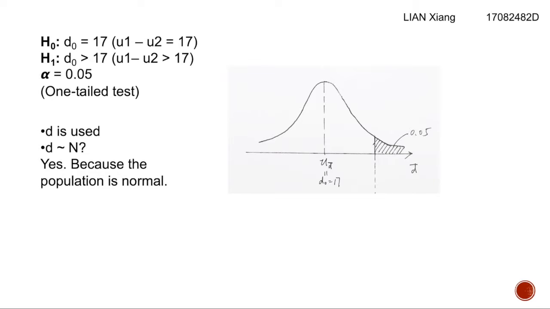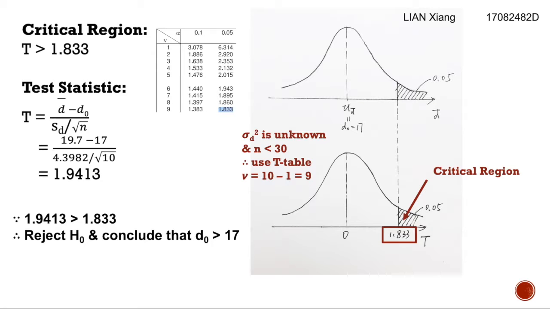Then we want to draw a curve, and D bar is used. So is D bar normal or not? Yes, it should be normal because the population is normal. So the curve can be drawn like this, and the middle point should be the mean of D bar.